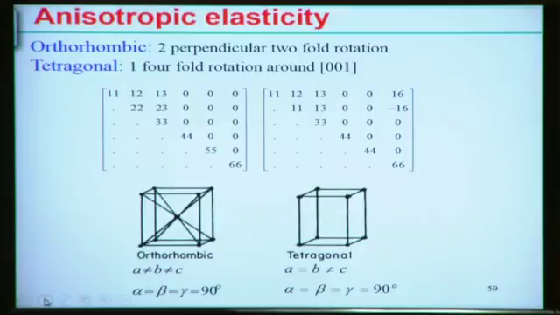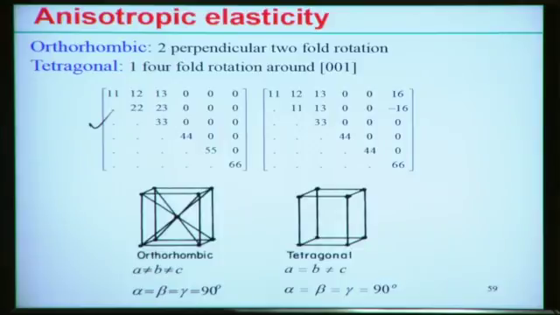Looking into all this symmetric nature, we can reduce the total number of elastic constants during the analysis. First look into orthorhombic. Orthorhombic has 2 perpendicular 2-fold rotations. If we consider this symmetry, then we can represent the C or S, that means compliances or stiffness matrix, like this.